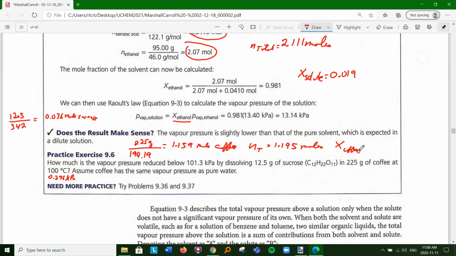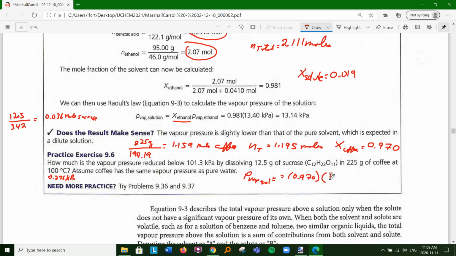Okay, so the mole fraction of coffee, which is my solvent, is going to be 1.159 divided by 1.195, 0.970. Okay, so the vapor pressure of the solution is the mole fraction of the solvent, 0.97, times the vapor pressure of the pure solvent at 373 kelvin, which was 101.3 kilopascals.